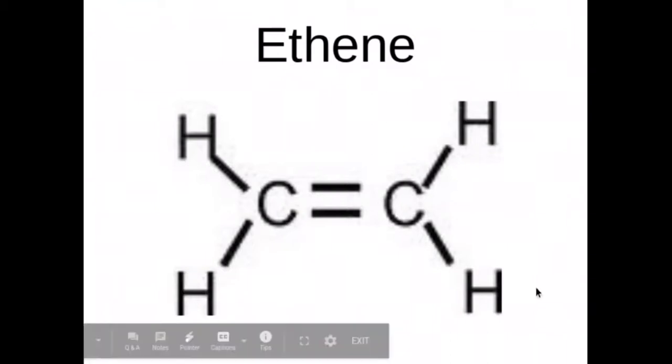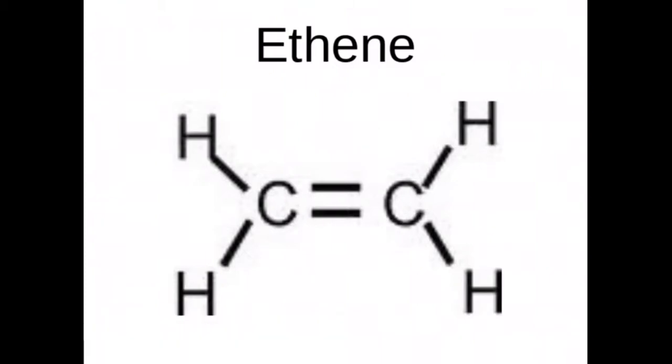And here we have the structure for ethene, which has 2 carbons, C2, and because of the general formula CnH2n, it has 4 hydrogens. Notice that there is a double bond between the 2 carbon atoms, but also remember that carbon must have a certain number of bonds. How many bonds must every carbon atom have?